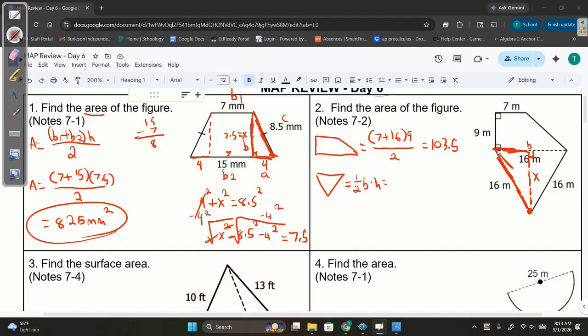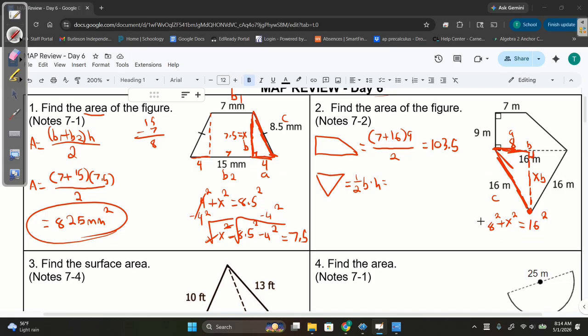The entire base is 16, which means whenever I slice it like this, this part here is 8. Once I know that, I can go ahead and label my sides A, B, C, and do Pythagorean theorem. A squared plus B squared equals C squared.